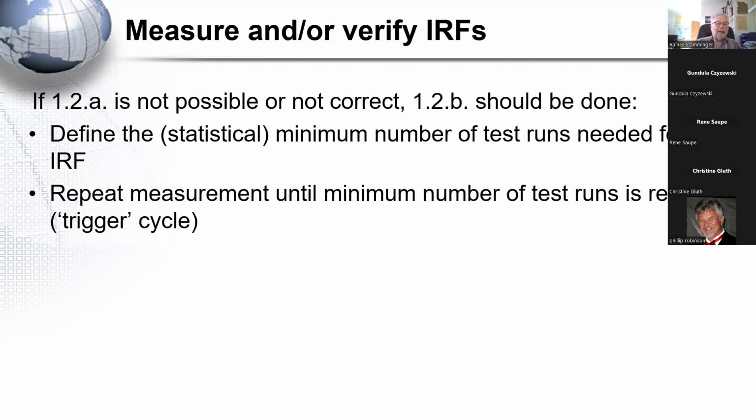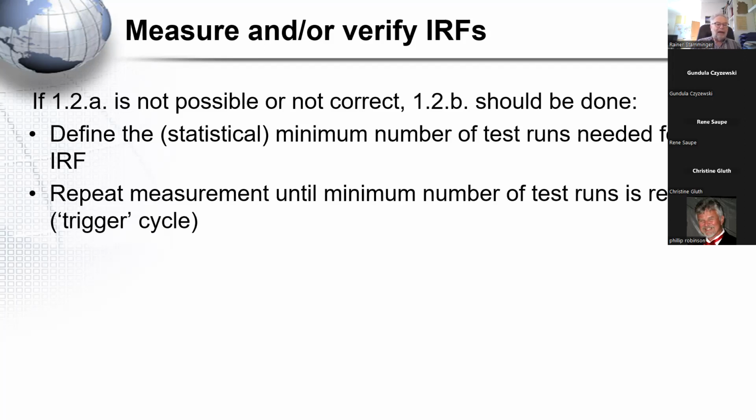So the procedure would then be that we are measuring test runs in this test machine up to we reached this minimum number of test runs where this IRF is triggered. And this is why it is called trigger cycle.